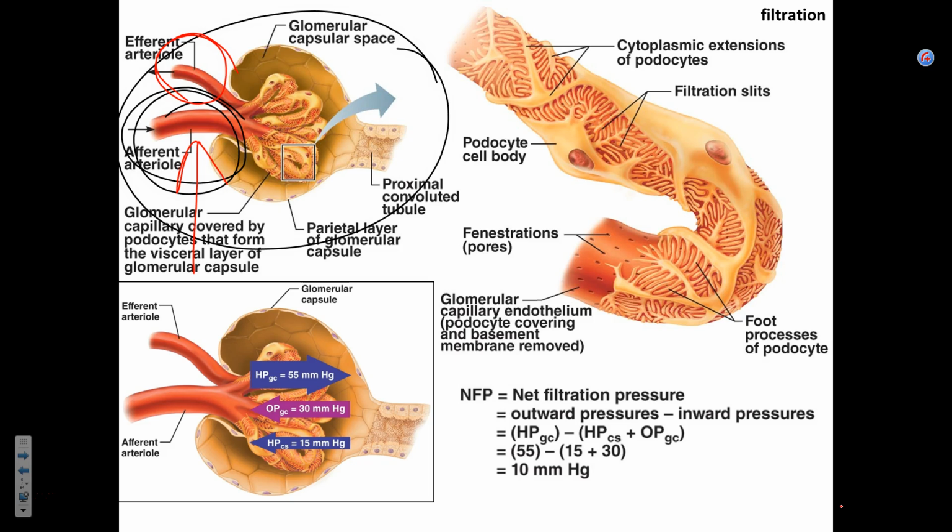What can you tell about these arterioles that's very noticeable? The afferent is bigger, yeah. Isn't that weird? How should a capillary bed be organized? Arteriole, capillaries, venule. That's the only capillary bed where we have arteriole, capillaries, arteriole.